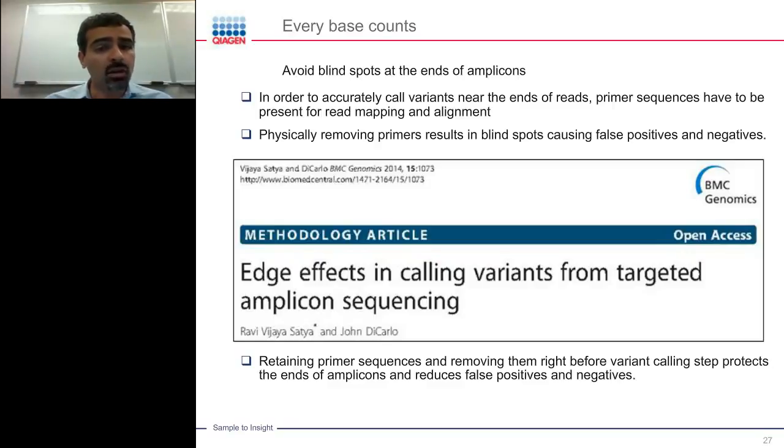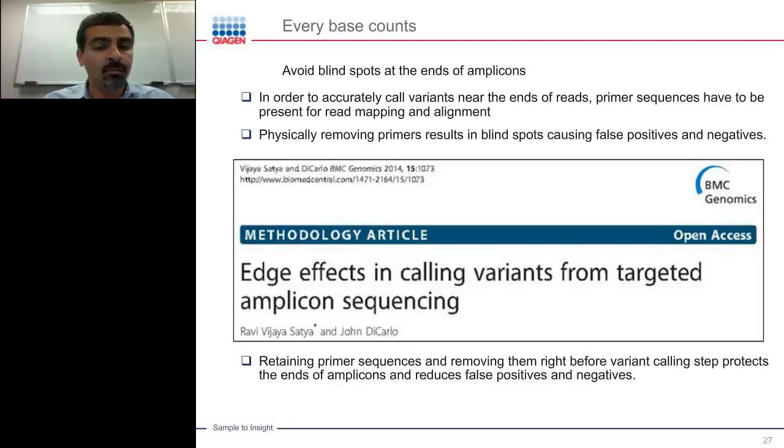And in order to accurately call variants near the ends of those amplicons or reads, primer sequences have to be present for read mapping and alignment. So we use a multiplex PCR-based approach that utilizes primers that will span the region that we're interested in, and we use those primers to amplify that region.